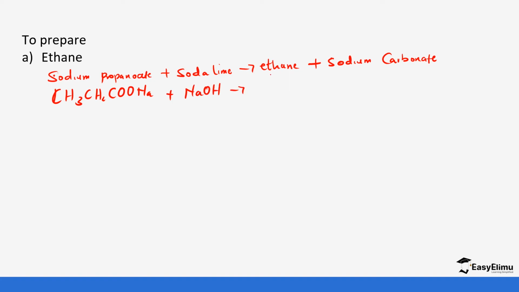It's going to form ethane, so it's CH3, CH3, and then plus sodium carbonate. So you see the equation is balanced because you have 2 sodium both sides. We have one. When you look at the number of carbons, there are 3 both sides. Oxygens are 3 both sides. So that is the equation for the preparation of ethane.